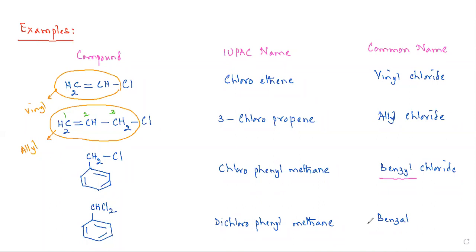You can also say benzyl dichloride, but benzyl itself refers to the thing that it has two chlorine atoms. So benzyl, of course, di. Okay, benzyl, benzal.